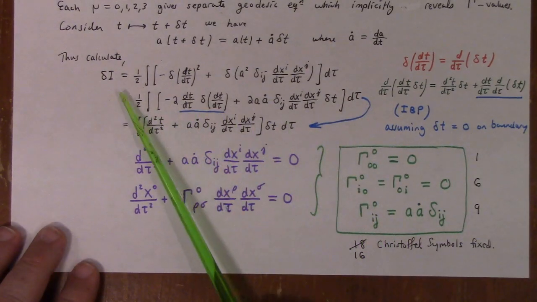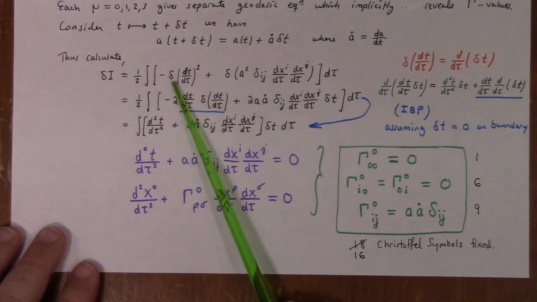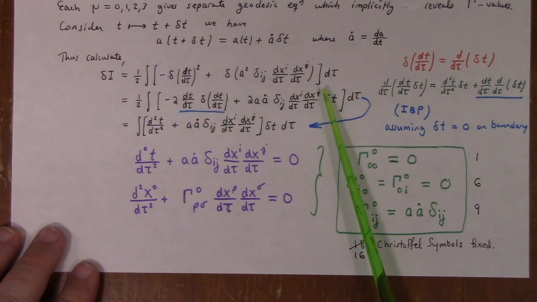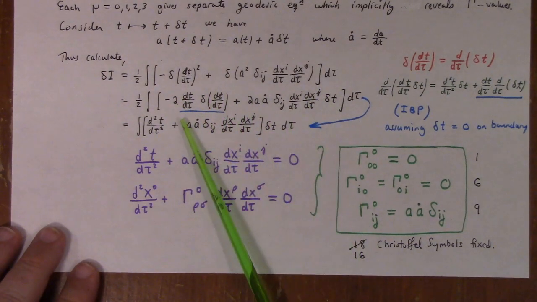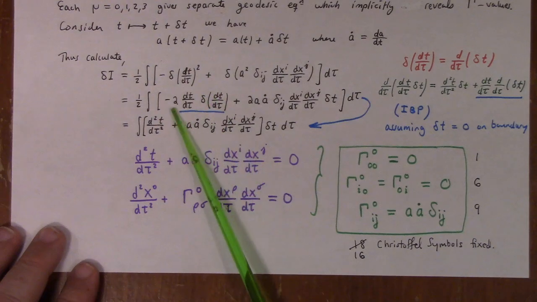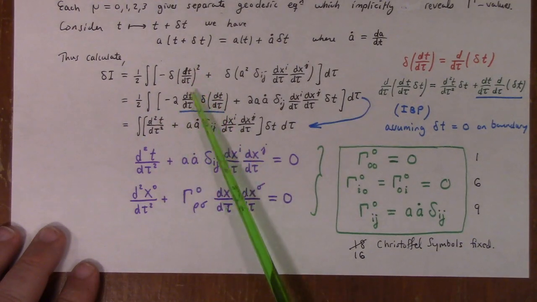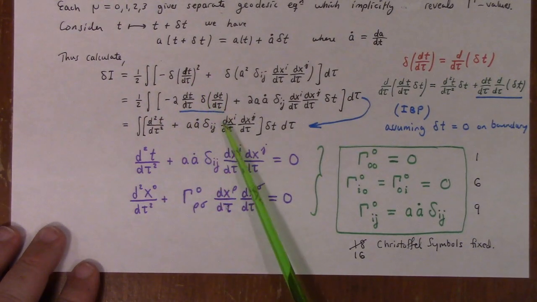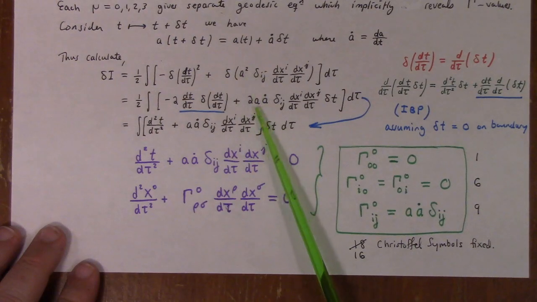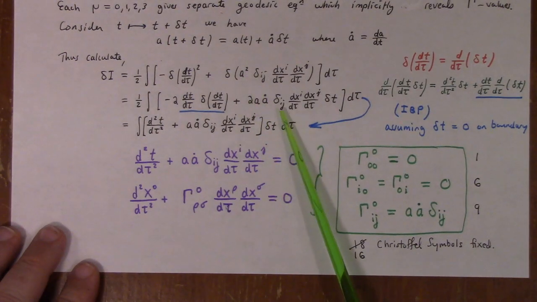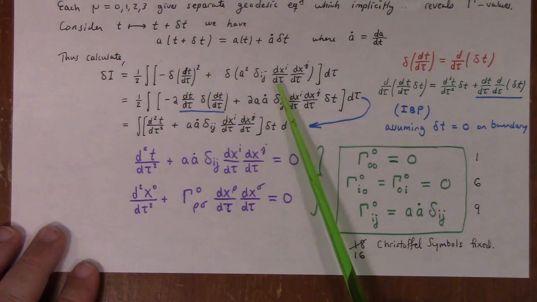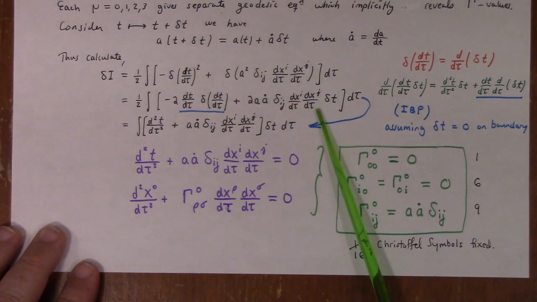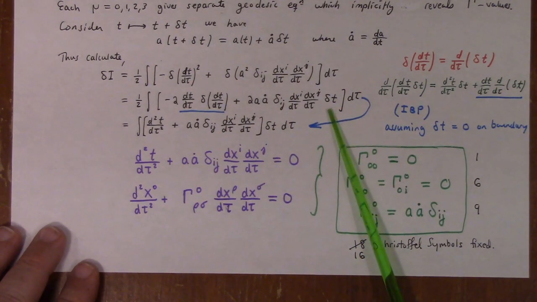Anyway, the time variation here gives us this. And so by the chain rule, I get minus 2 dt d tau, variation of dt d tau. And over here I get 2a a dot delta ij, and then all this times delta t here.